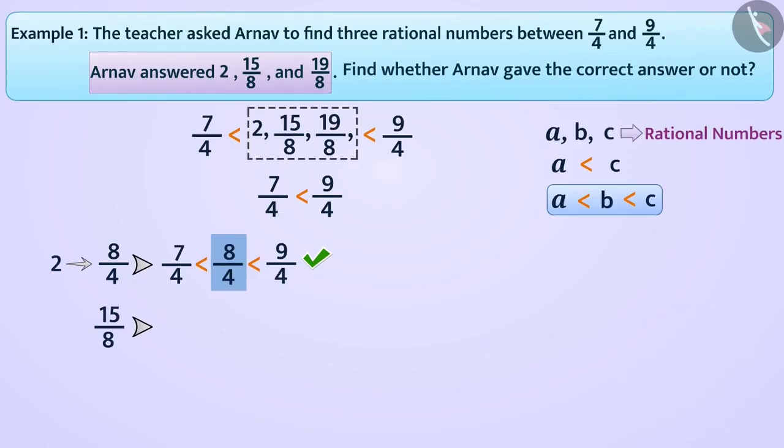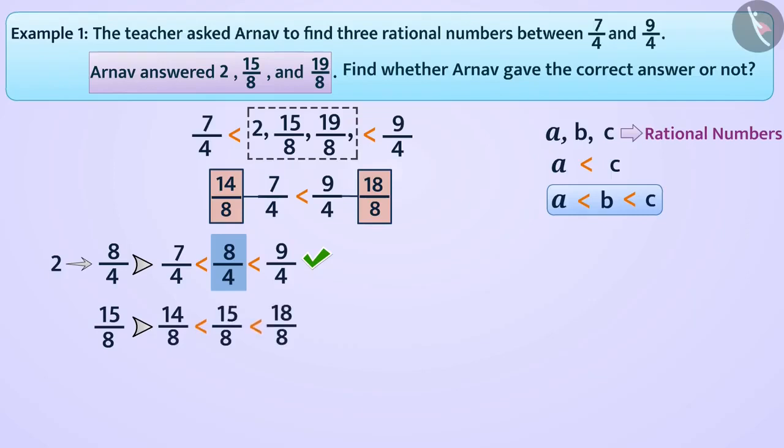Absolutely true. If we write 7 by 4 as 14 by 8 and 9 by 4 as 18 by 8, then we know that 14 by 8 is less than 15 by 8 is less than 18 by 8. Therefore, 15 by 8 is also rational number between 7 by 4 and 9 by 4.